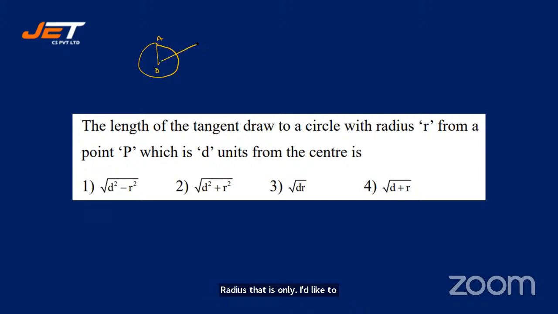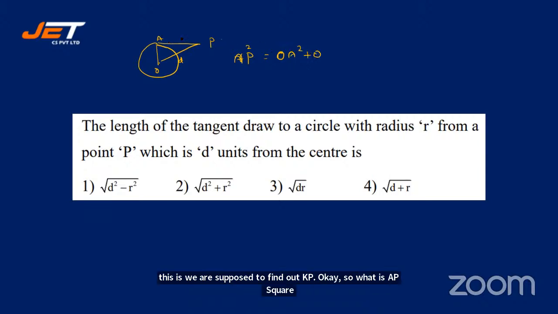So now we have D, and here P. So now R square. We are supposed to find out AP. So what is AP square? It is OA square plus.